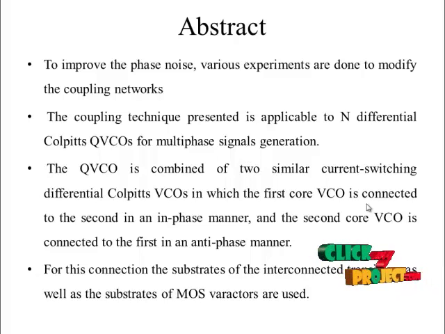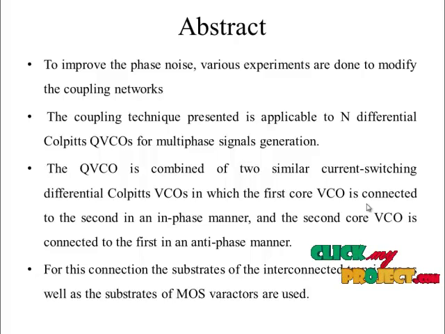To improve the phase noise, various experiments were done in previous methodologies, which modify the coupling networks. The coupling design presented is applicable to n number of differential Colpitts QVCOs for multiphase signal generation.